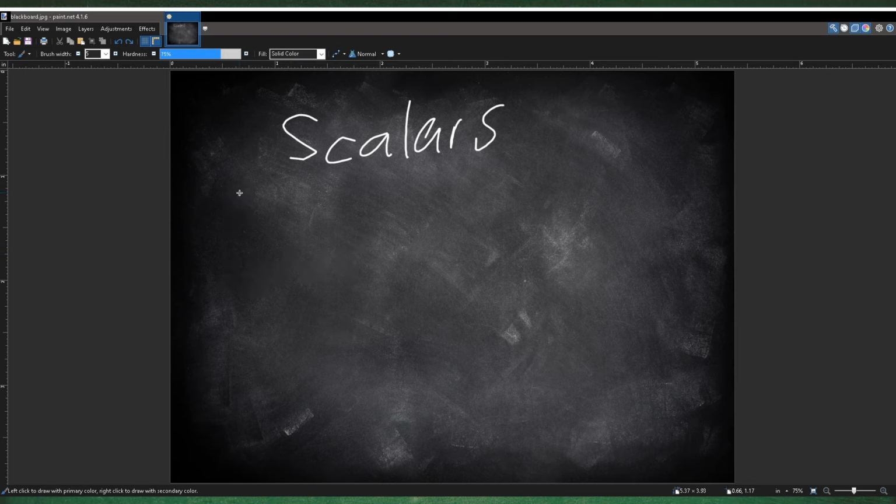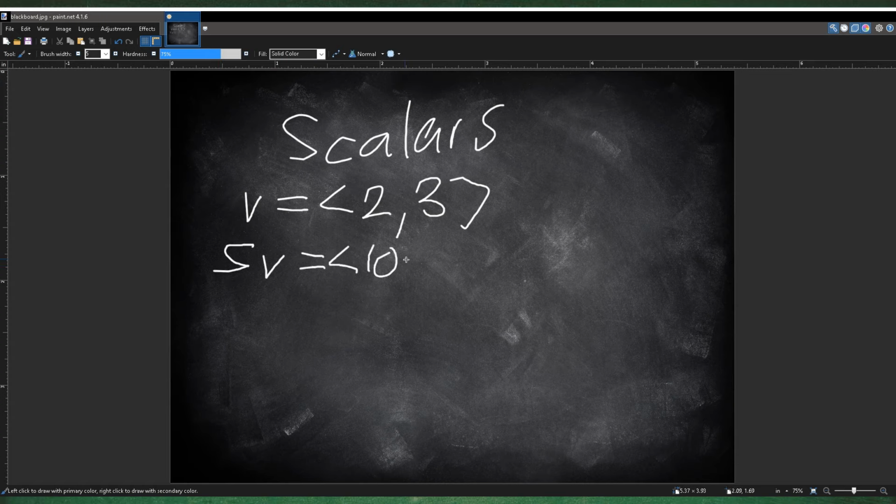Let's say v is equal to ⟨2, 3⟩. Then 5v would be 5 times 2, which is 10, and 5 times 3, which is 15. And that would be scalars.